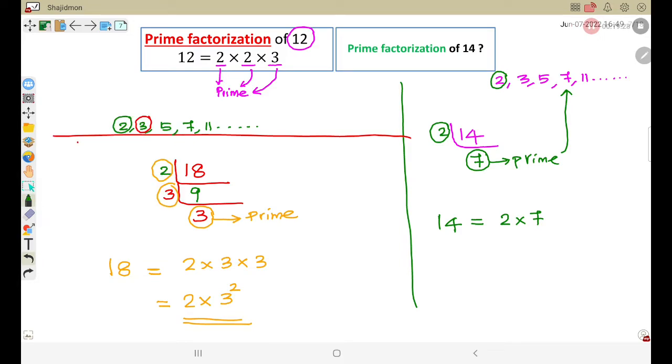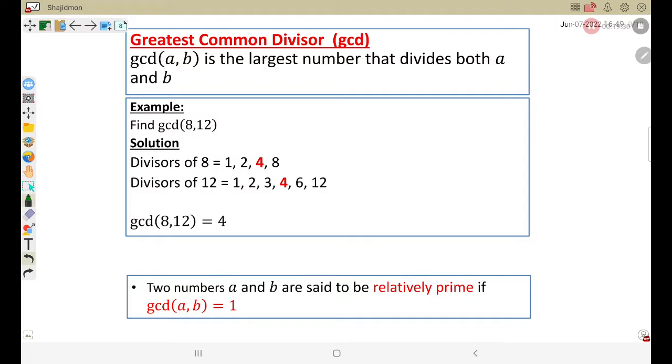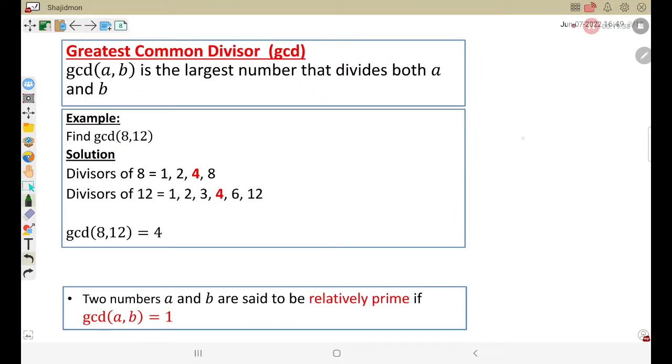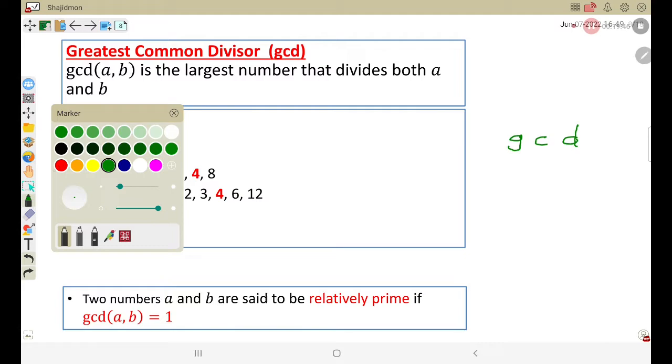Okay, now we will go to the next definition: greatest common divisor, GCD. We call it GCD or greatest common divisor. So remember these three letters, G, C and D. D means divisor, correct?